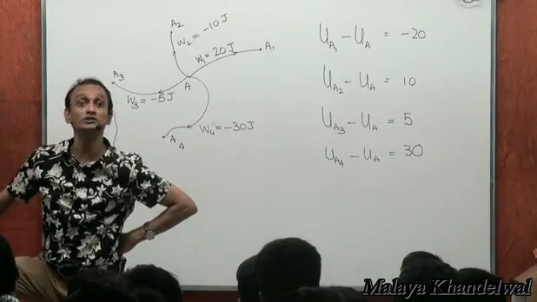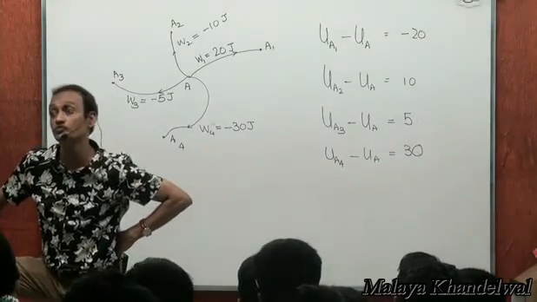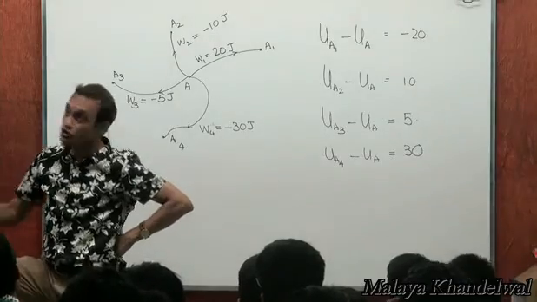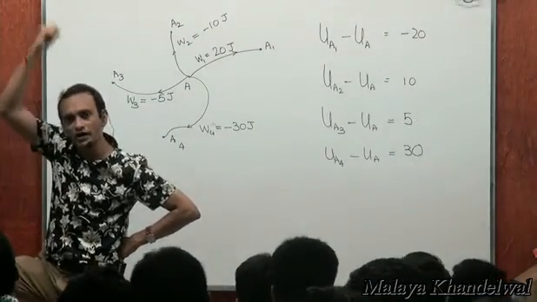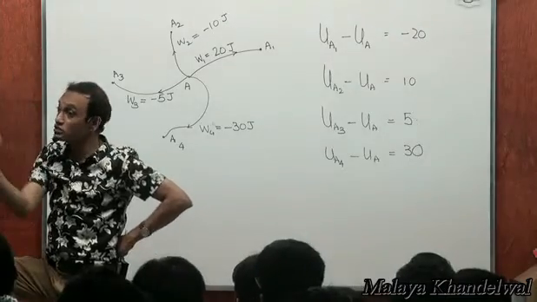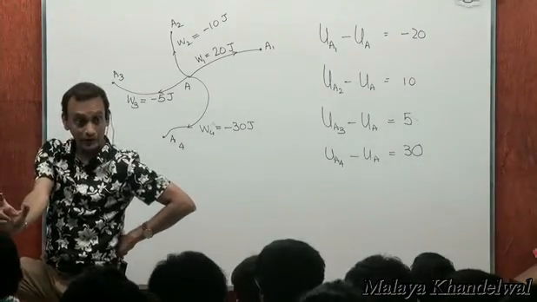If they don't matter at all in terms of the physics of the situation, see, the physics is about the difference in the U's. The physics is not about UA or UA1 or UA2 or UA3. The physics is about the difference, right?